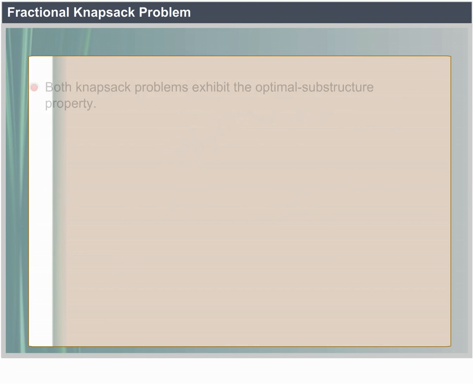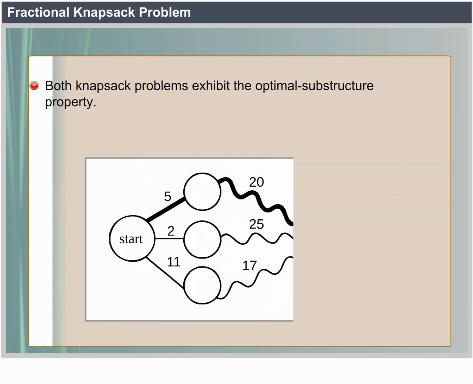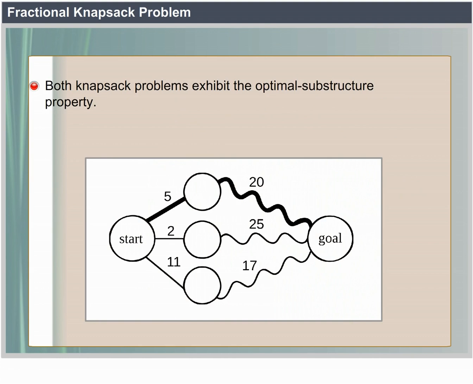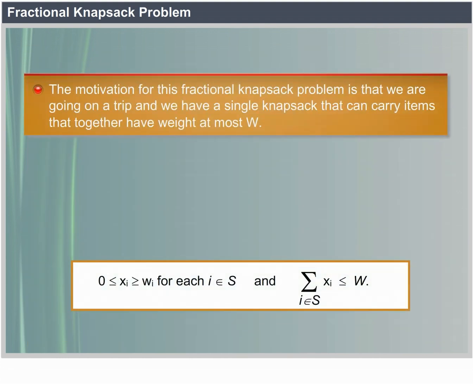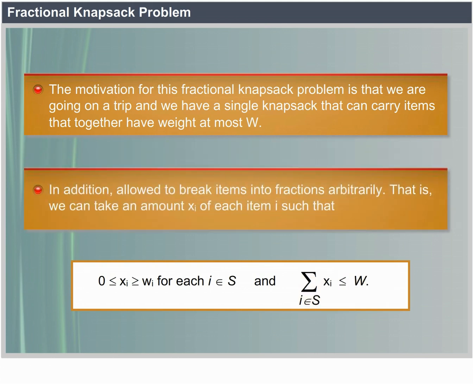Let us now allow ourselves to take arbitrary fractions of some elements. The motivation for this fractional knapsack problem is that we are going on a trip and we have a single knapsack that can carry items that together have weight at most W. In addition, we are allowed to break items into fractions arbitrarily.